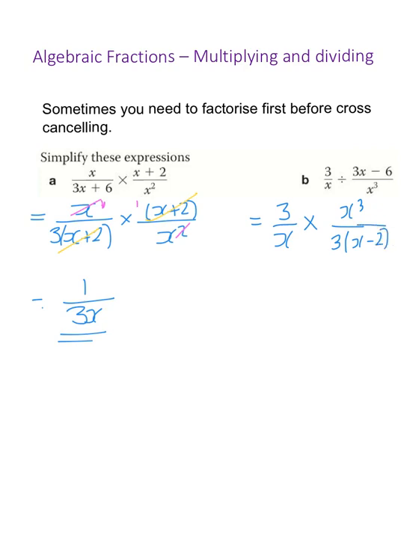And again, we can simplify a 3 here. 3 divided by 3 is 1. And I can also cancel out an x with one of those to give me 2. And now I can multiply through my numerators. So 1 times x squared will give me x squared, and 1 times x minus 2. So I have x squared over x minus 2.